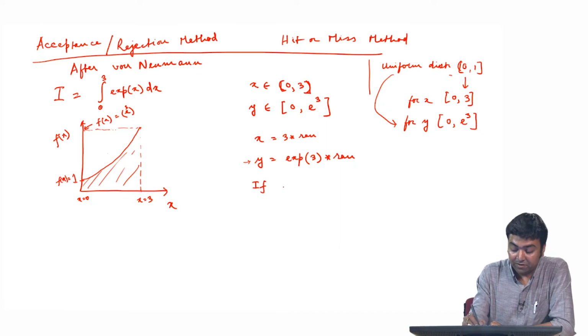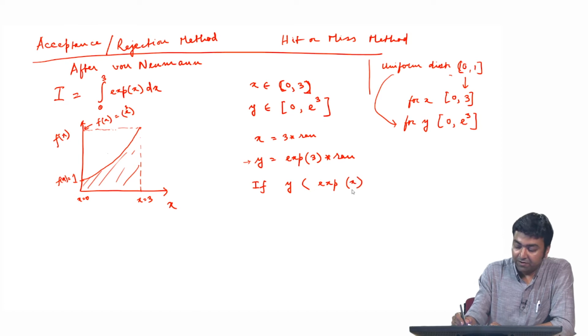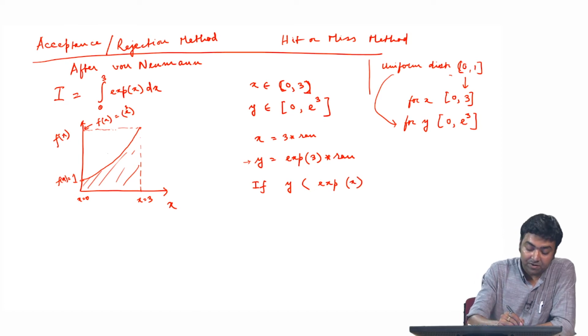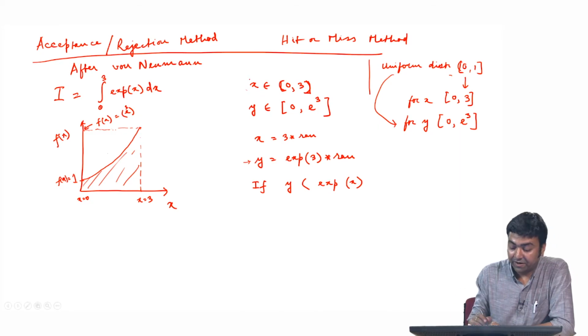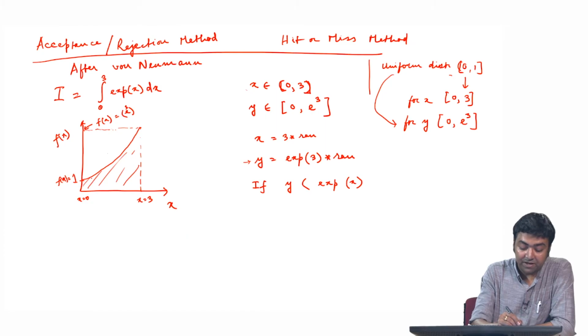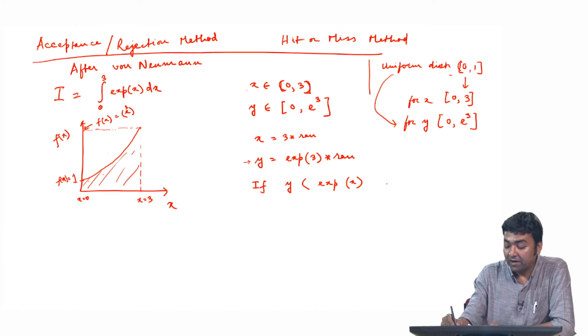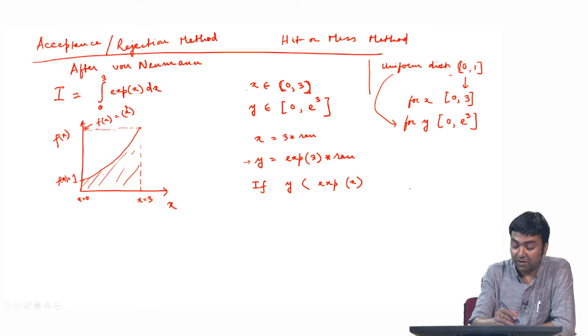I check if y is less than exponential x. The reason I am taking exponential x is because this curve is given by the equation e to the power x. So, if y is less than e to the power x, it will mean that the random number is somewhere in this shaded region and I include that number in my count.